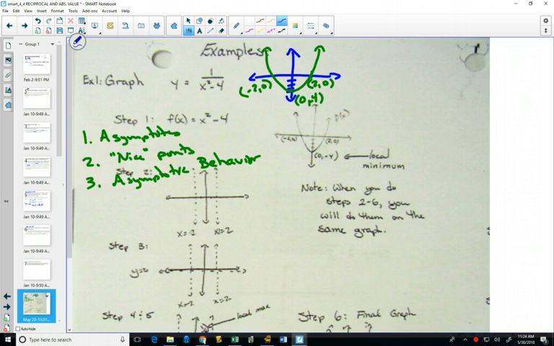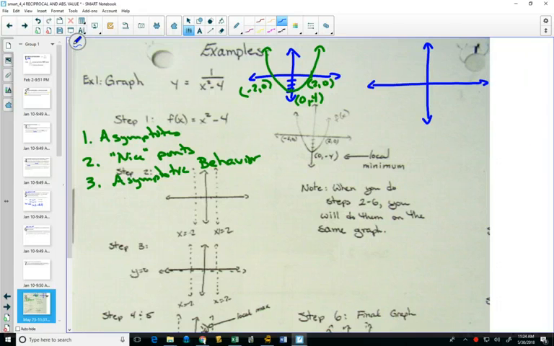So we've got our original graph. When graphing the reciprocal function, where will we have asymptotes? We will have asymptotes at non-permissible values.